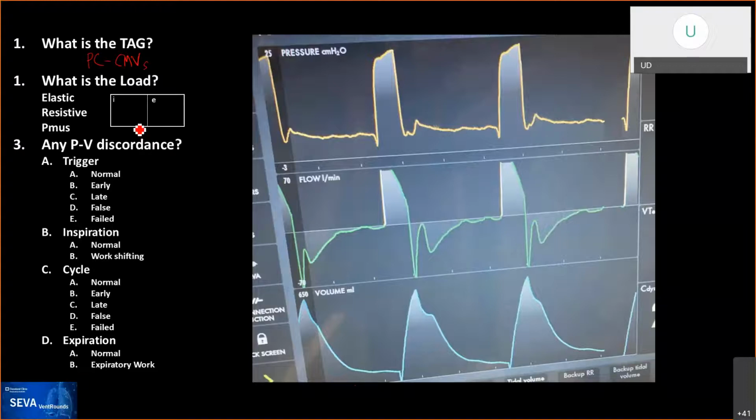What is my load? I think they've considered a PMAS. For inspiration, there is PMAS. On expiration too, I would say there is PMAS also. Trigger, I would say normal.